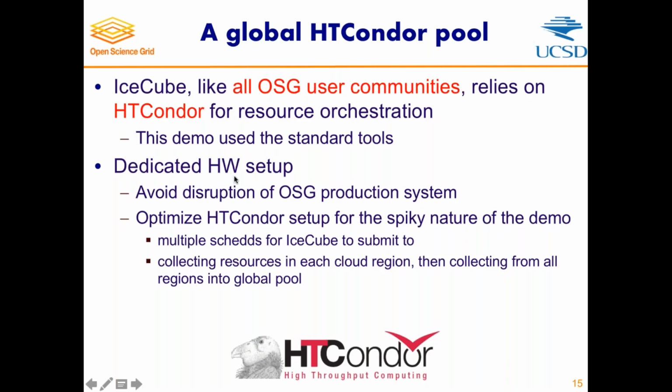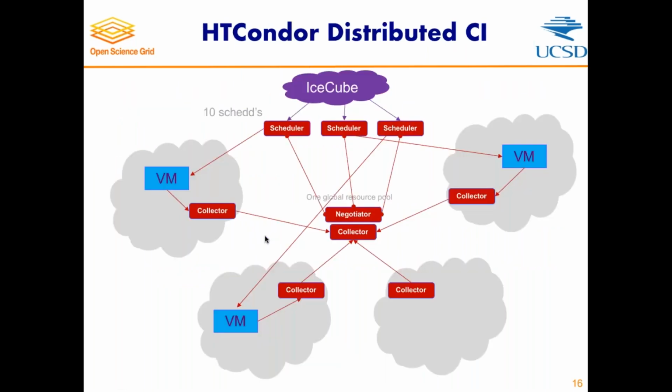However, we deployed a dedicated hardware setup for just this because we want to avoid disruption of the OSG production infrastructure, and we want to optimize the Condor setup for the spiky nature of the demo. Condor is normally used for, as the name says, high throughput, but not for high turn on. So part of this was to deploy something that has high turn on in addition to high throughput.